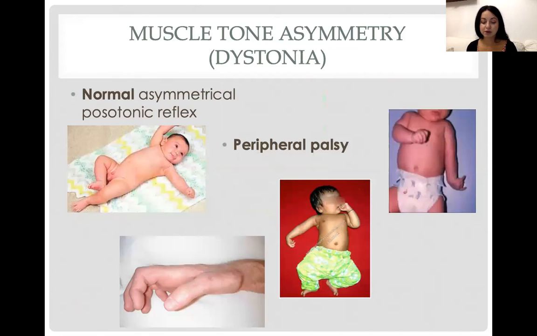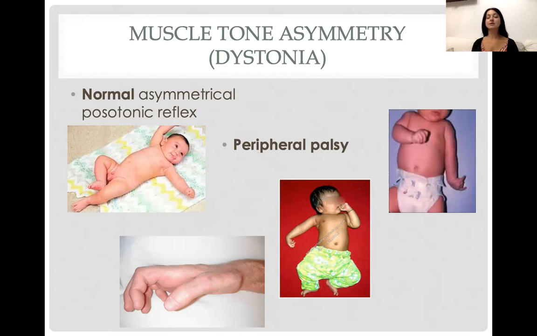Sometimes muscle tone becomes asymmetrical, like in the picture. Normally, when a newborn child performs his normal posture, when his head is in the medial position, he should have symmetrically flexed arms and legs.